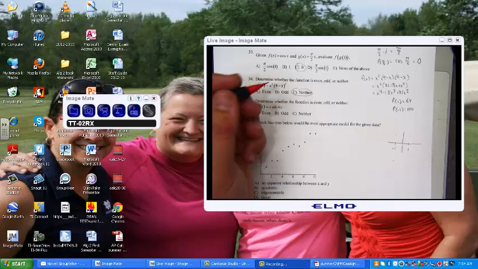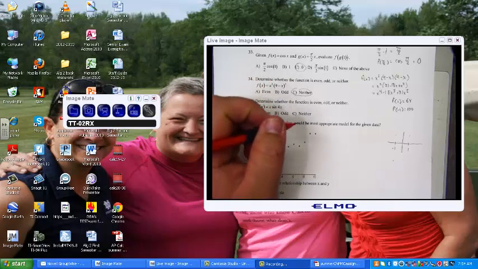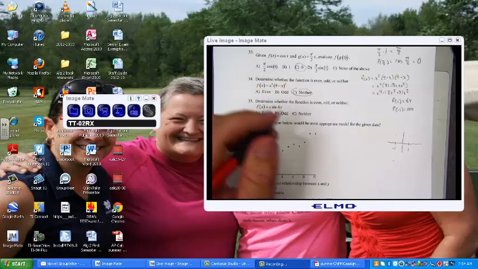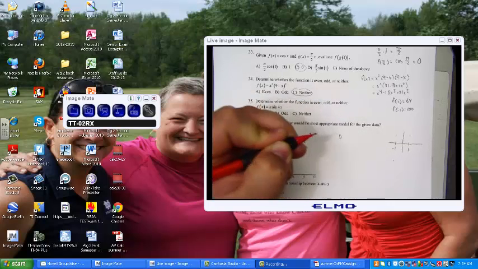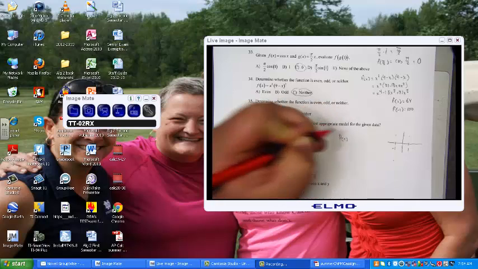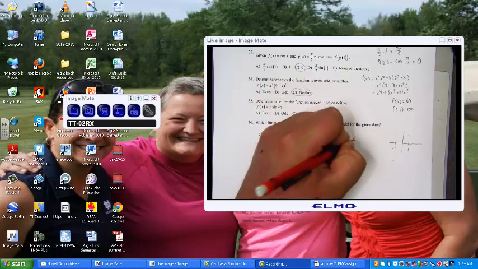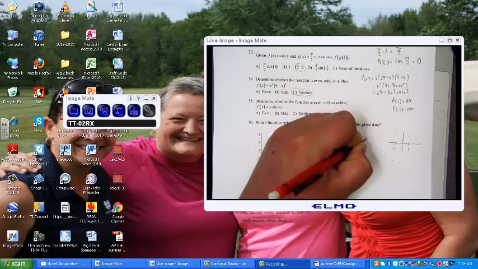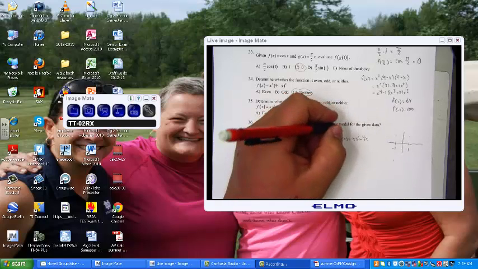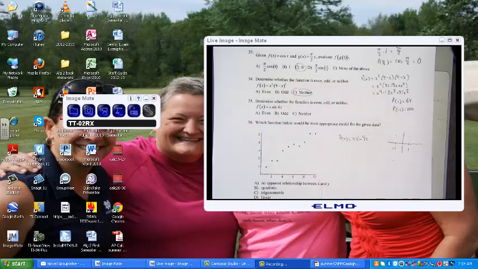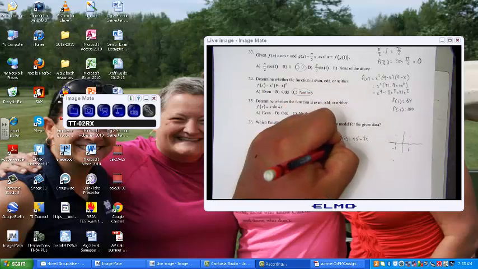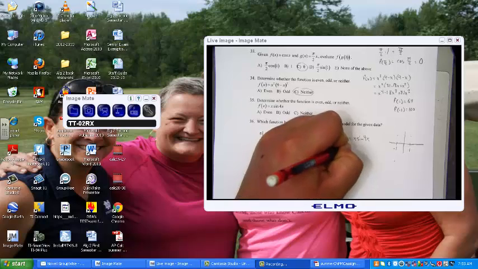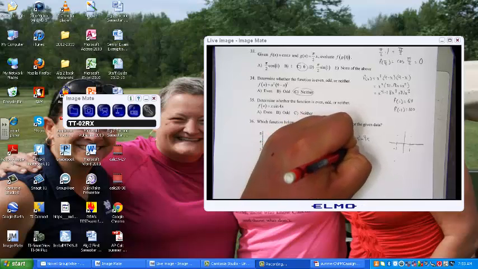For 35, we'll be doing the same thing of determining whether the function is even, odd, or neither. For the equation, I'll just write it down here, f of x equals x sine of 4x. What we'll do is plug in a positive and negative value. I did pi over 8 for mine, which just makes it a little simplistic.